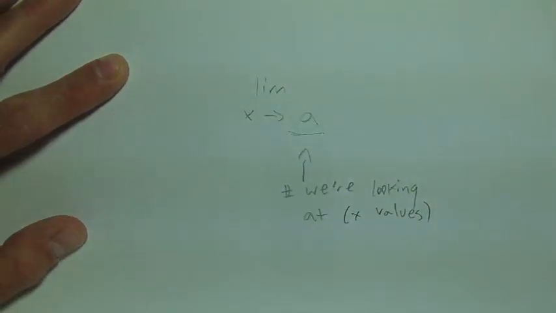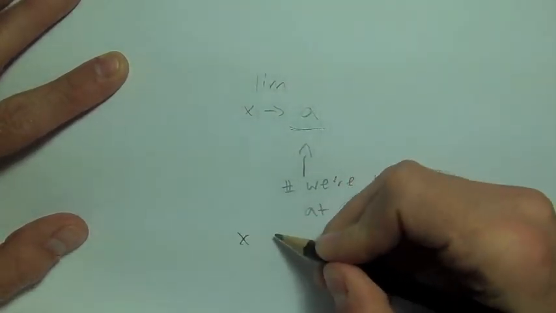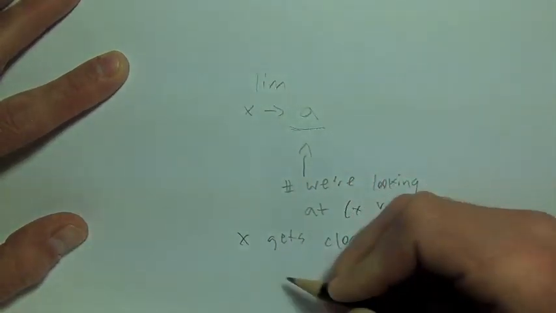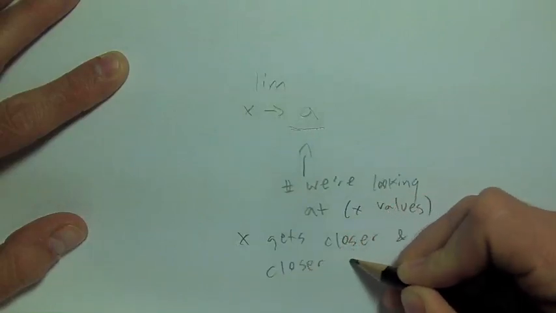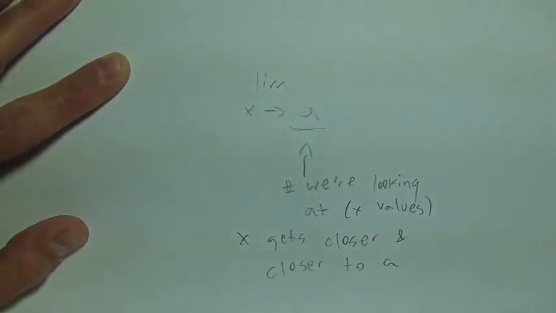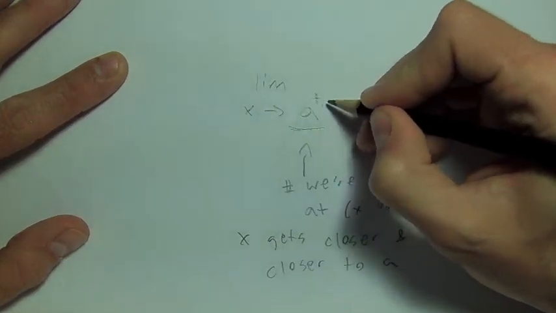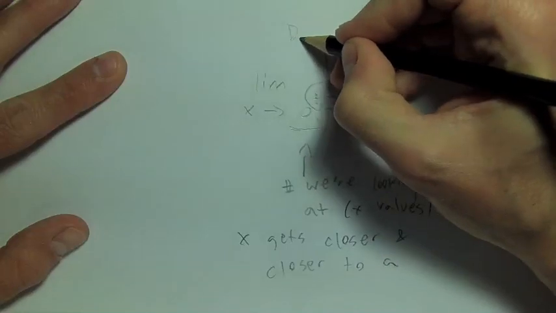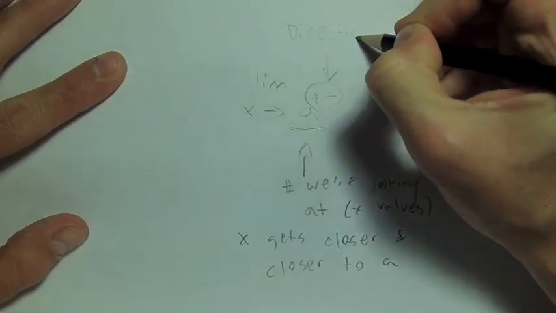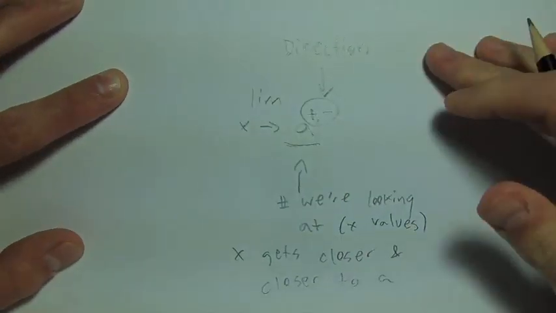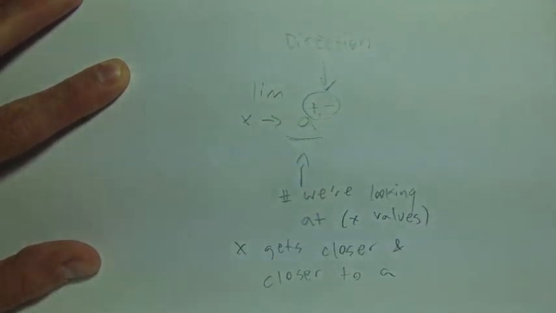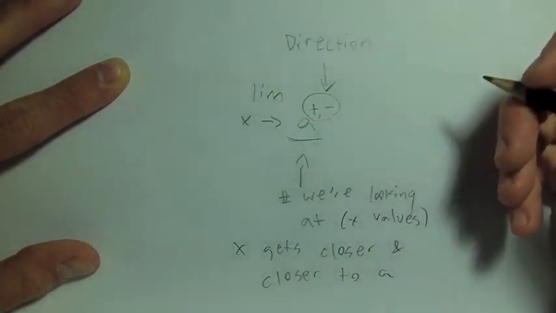So we want x to get closer and closer to a. And if we have a plus or minus up here, this tells us the direction that we're coming from. And that makes it easy to read.